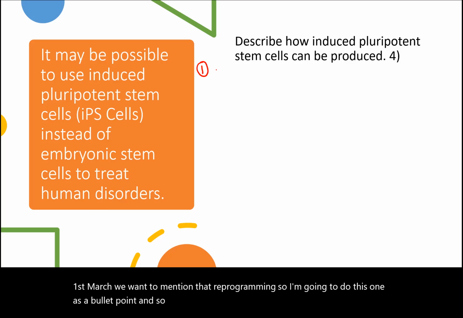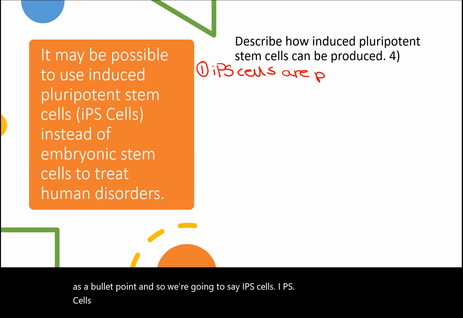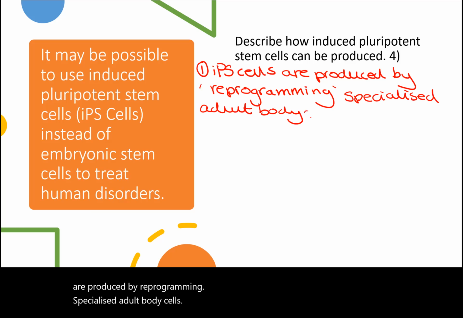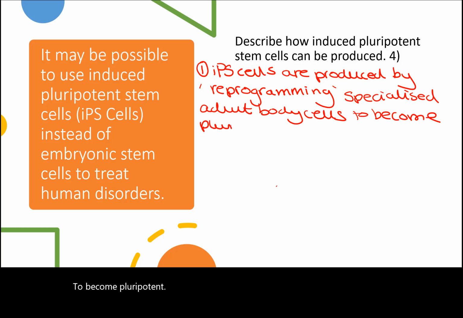So we're going to say iPS cells are produced by reprogramming specialized adult body cells to become pluripotent. That would be your first mark for this question.